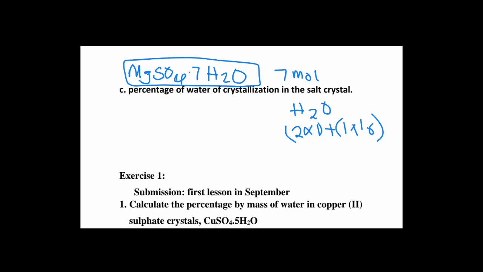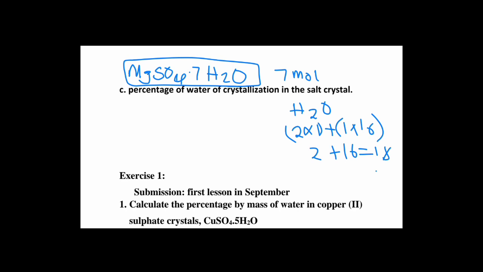So we are going to say the molar mass of water will be 2 plus 16, which will be 18. This will be grams per mole.